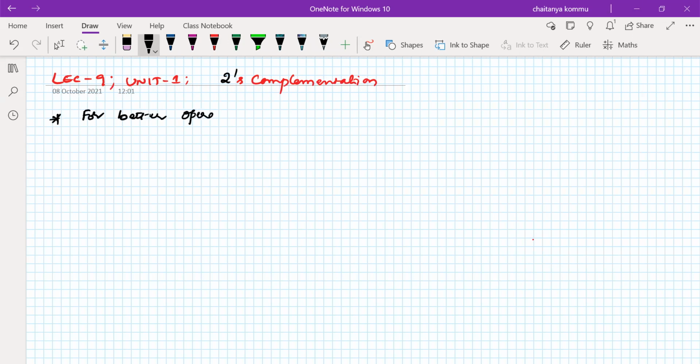For better arithmetic operations, complementations are required, and for better hardware realization purposes, we need to go for complementation. Therefore, in this perspective, only the adder is used. The adder is sufficient.